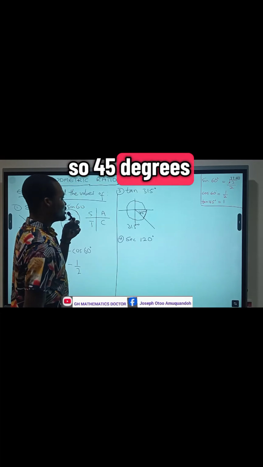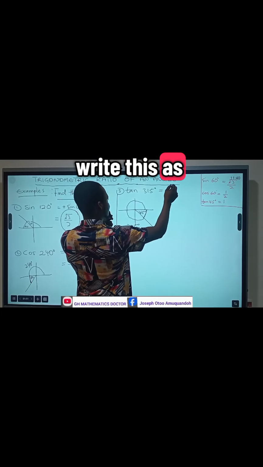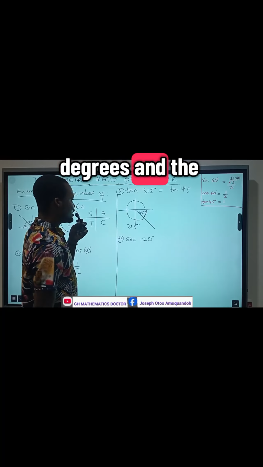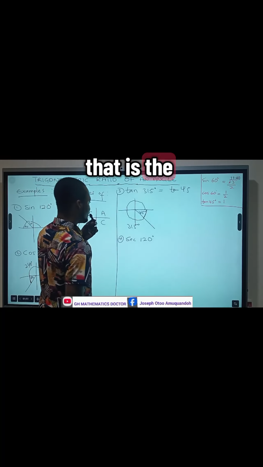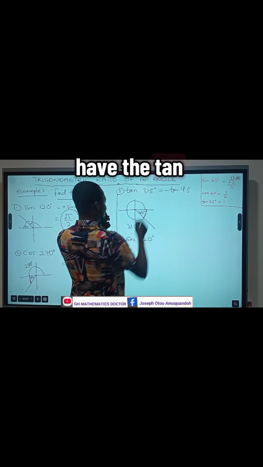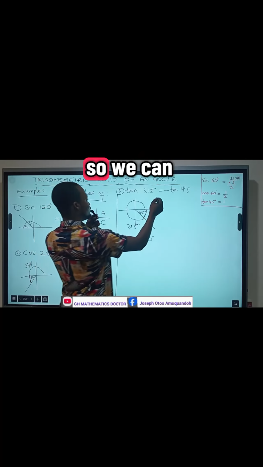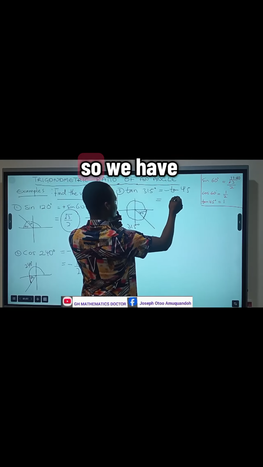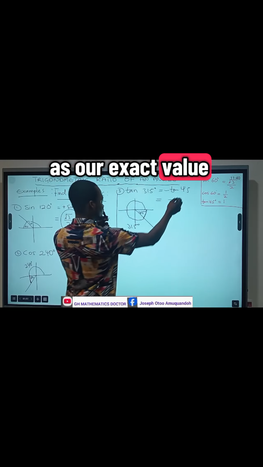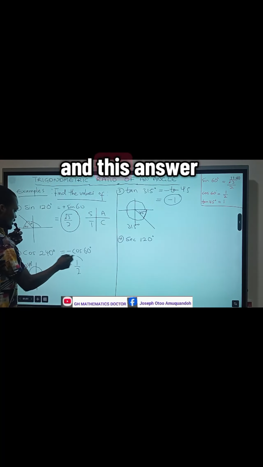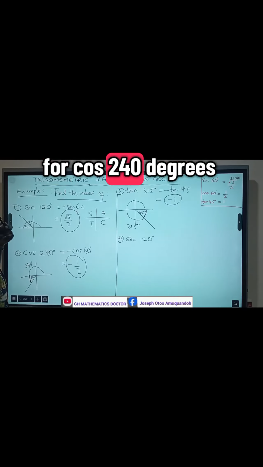So we need to write this as tan 45 degrees. The region where it's located, that is the fourth quadrant, only cos is positive, which means we have the tan at the fourth quadrant to be negative. So we can say that tan 45 degrees is 1, so we have negative 1 as our exact value. So this is the answer for tan 315 degrees, and this is the answer for cos 240 degrees.